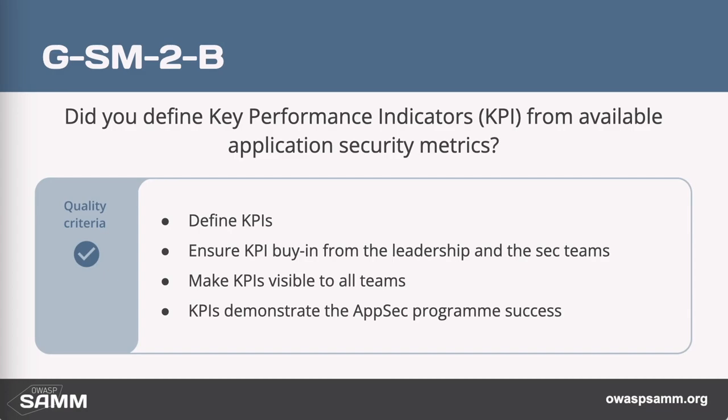So you don't create metrics for the metrics' sake. You need to make sure that your metrics and your key performance indicators are actually checking whether your AppSec program is going the right direction. Note that the metrics don't have to be the same for each team, but the KPIs should. Depending on the tooling and what information is gathered, there might be different processes for each tool to translate the available metrics into KPIs.